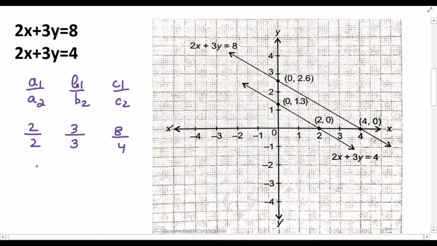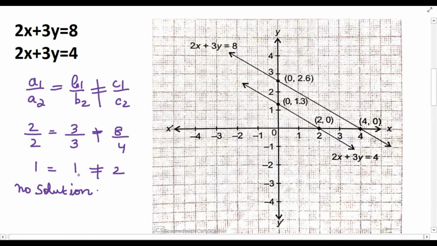So you can see that this is 1 equal to 1, which is not equal to 2. What does that mean? a1 by a2 is equal to b1 by b2 not equal to c1 by c2. We have already seen that if this is the condition, this system of equations has no solution. They are inconsistent.